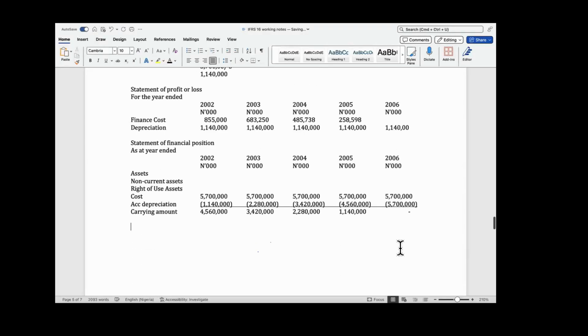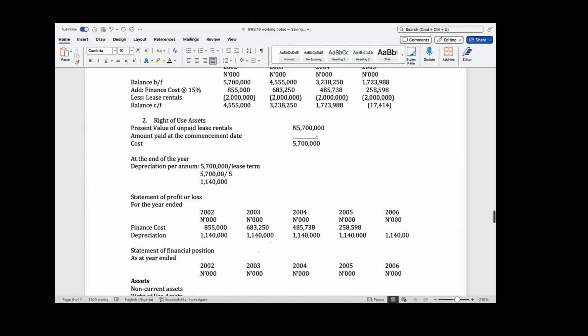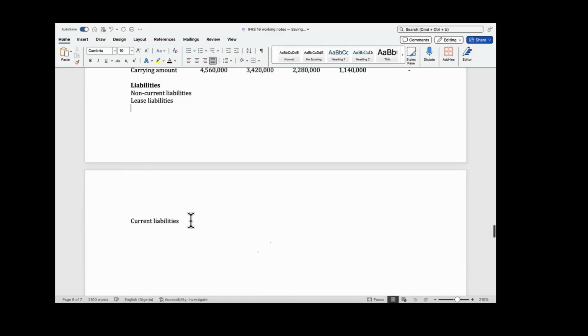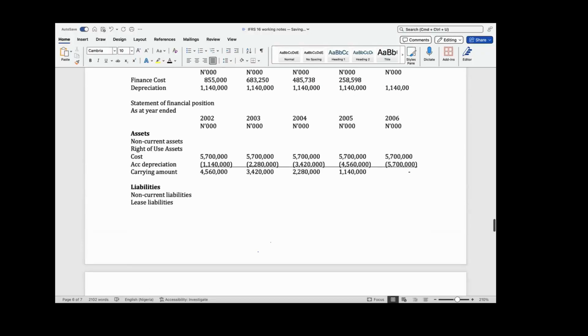Then for my liabilities, I will have my non-current liabilities and also my current liabilities. I have lease liabilities under current, and also lease liabilities under non-current.